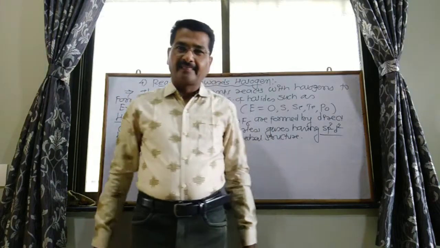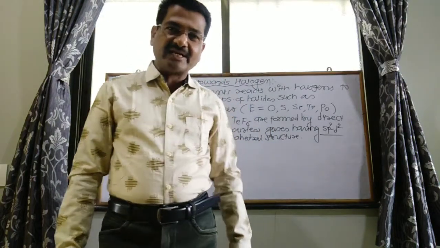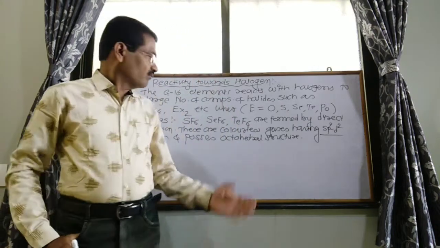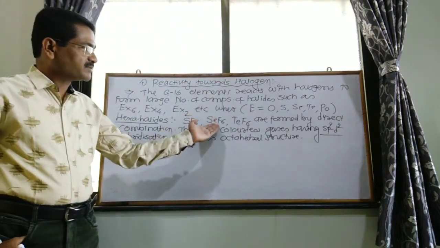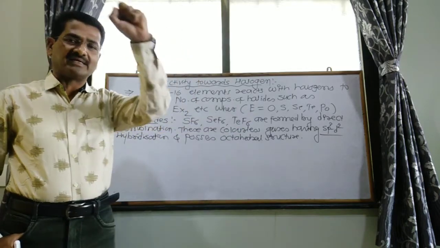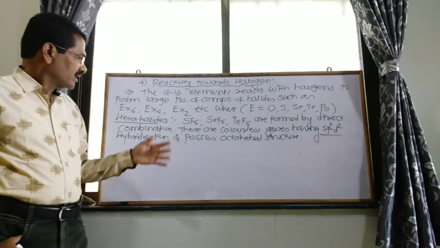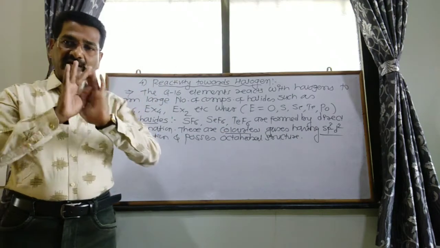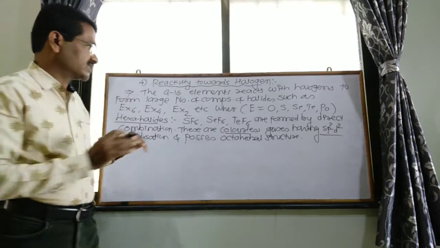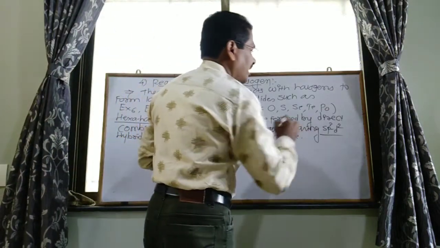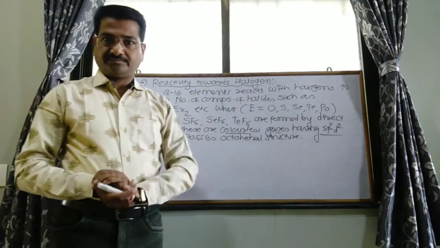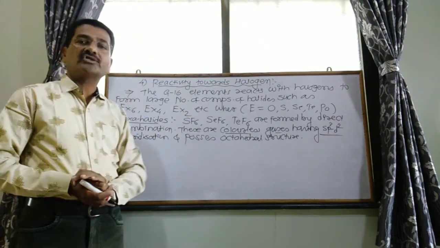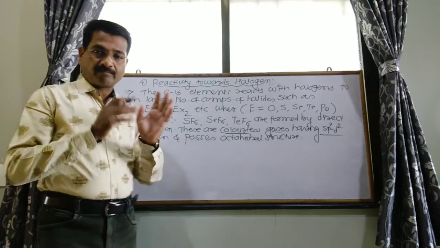Again, whenever the group 16 elements react with 6 halogens, they form the hexahalides, for example SF6, SeF6, TeF6, formed by direct combination. All these are colorless gases having sp3d2 hybridization and an octahedral structure.